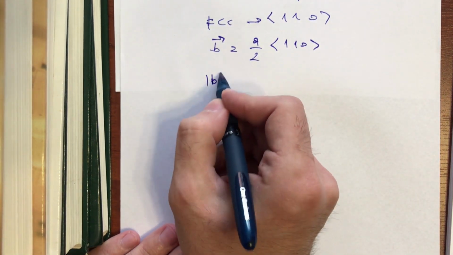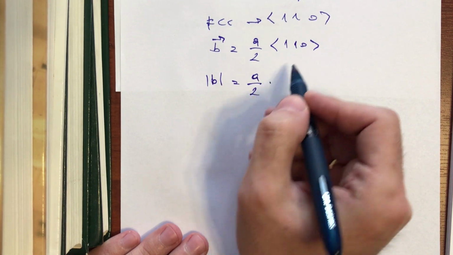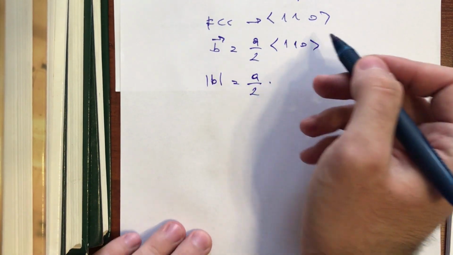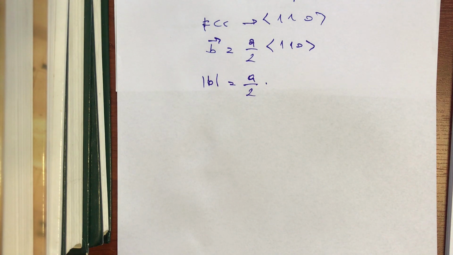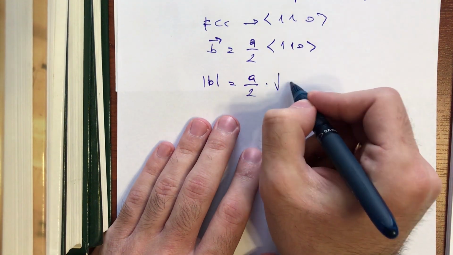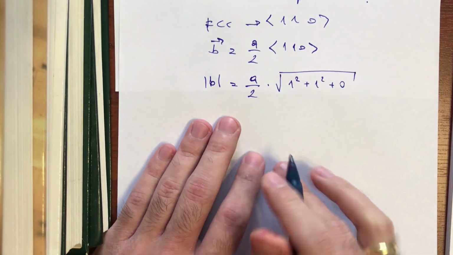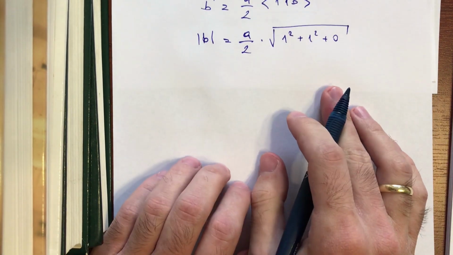Then the length of the Burgers vector is going to be a over 2 times the length of the <110>, which is the square root of 1 squared plus 1 squared plus 0 squared. It's the length of a vector basically.